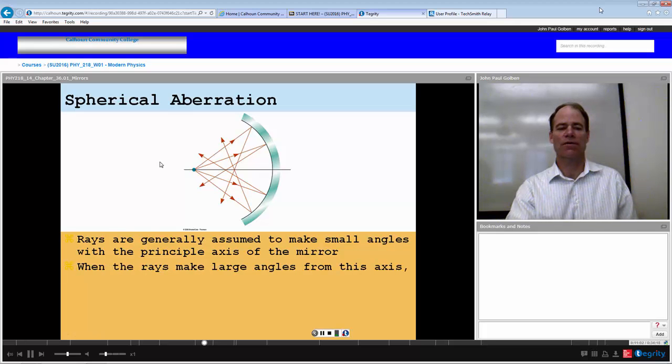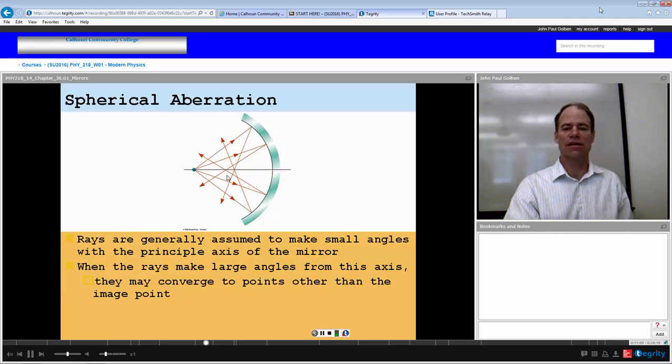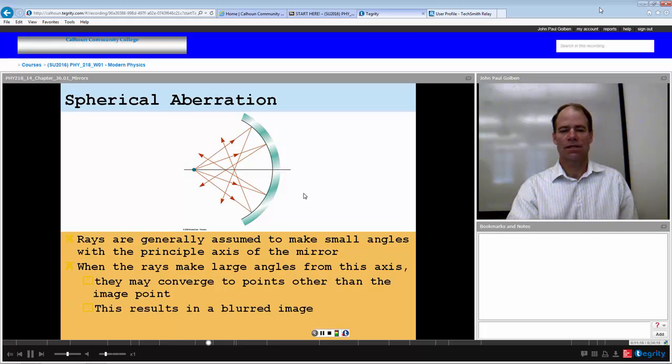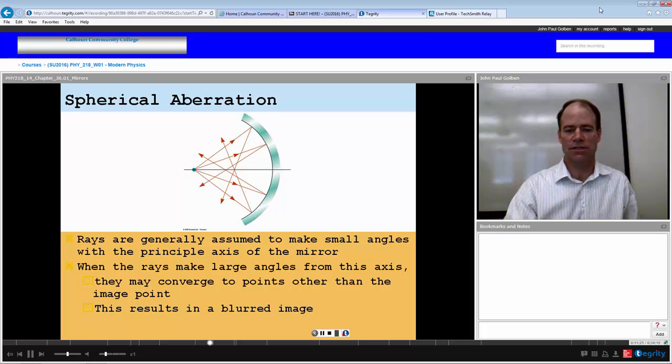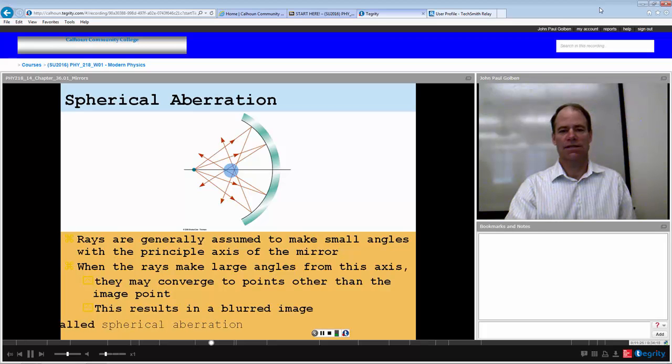As you get away from small angles with the principal axis, which is the middle axis, the rays that make large angles from this axis will converge to points that are nearby, but not exactly at the image point. This will give you a blurred image as you try to look at this real image. We say that this is spherical aberration.